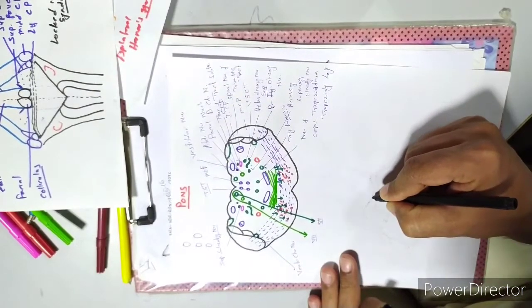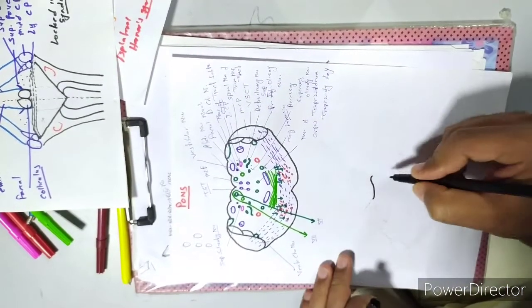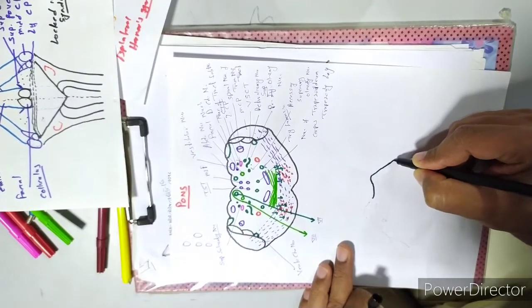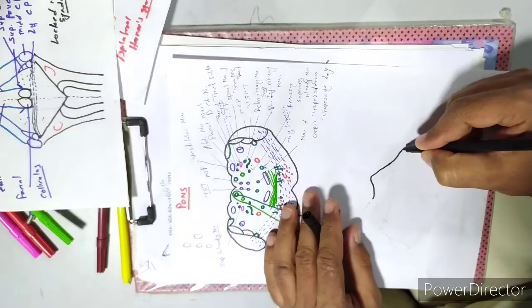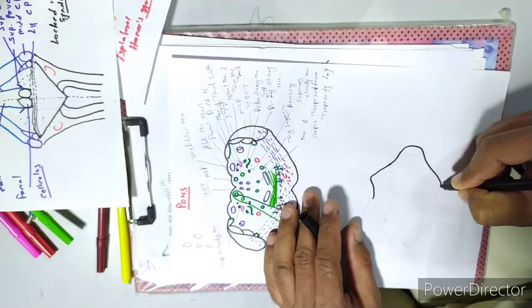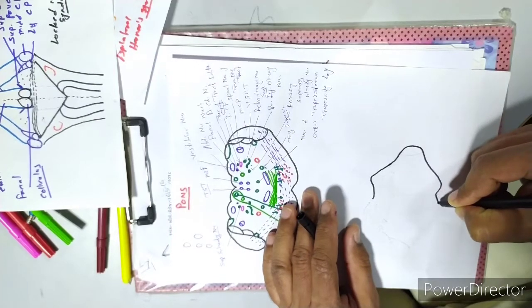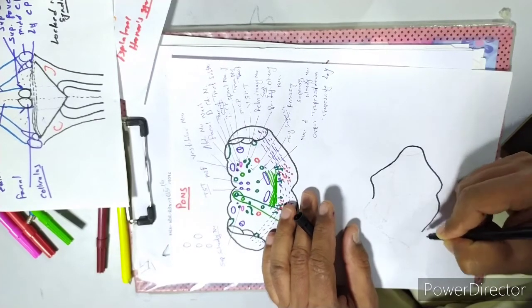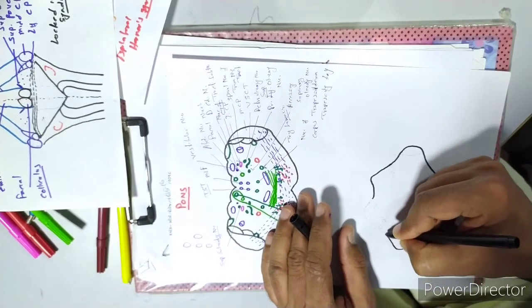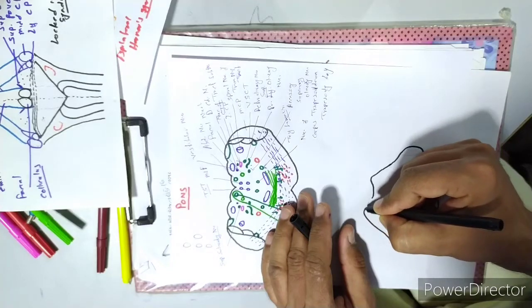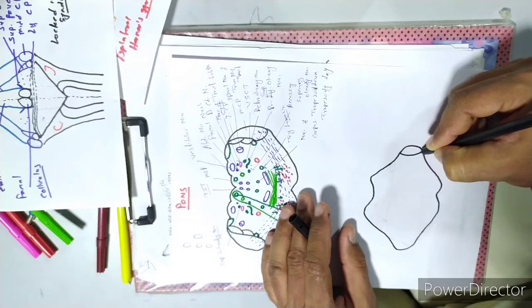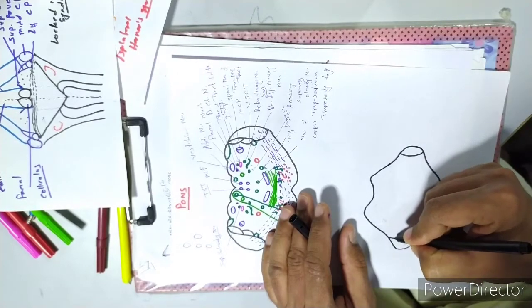Now first outline the pons. Okay, this is the middle cerebellar peduncle, completely seen here.